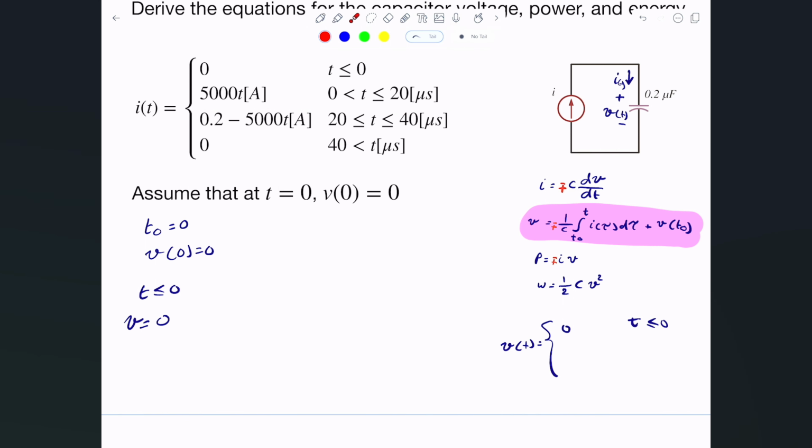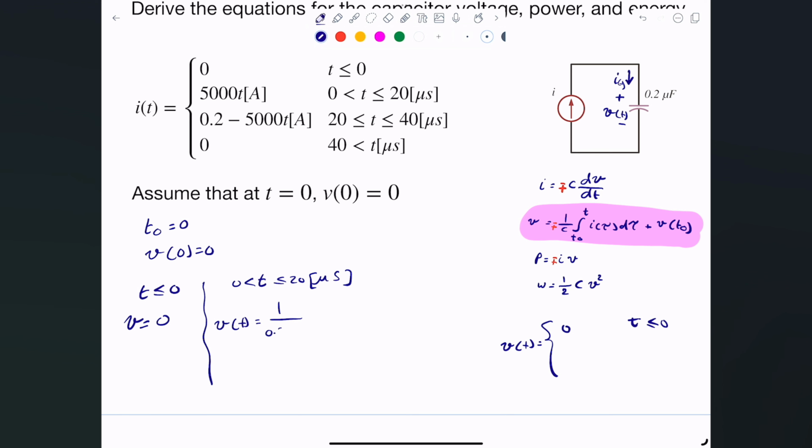Let's focus on the second range, where t is between 0 and 20 microseconds. In order to figure out v of t in this range, we need to do 1 divided by C, and C is 0.2 times 10 to the negative 6 farads. We integrate from t0, in our case simply 0, all the way to t, the current i, which happens to be 5,000.